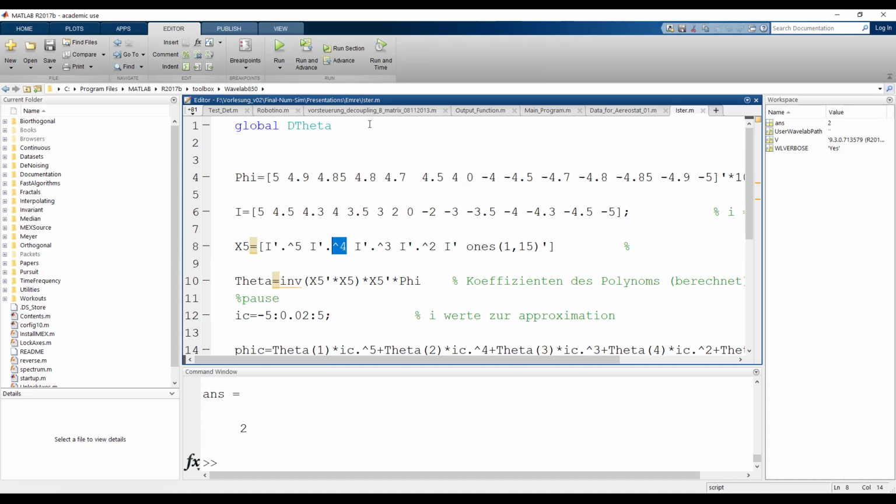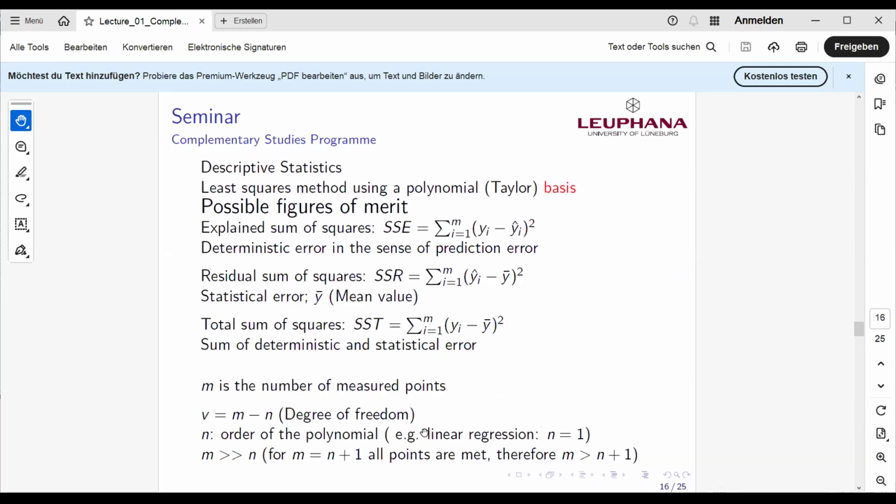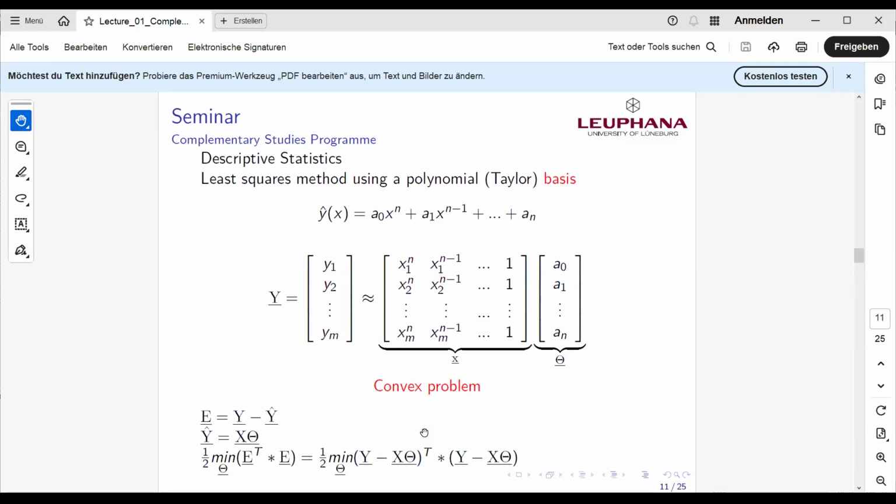I have to represent this matrix X. We can see that we have a column which consists of the exploration vector, x1, x2, xm. We have m measurements. Each element up to n equals 5 in our case, fixed.